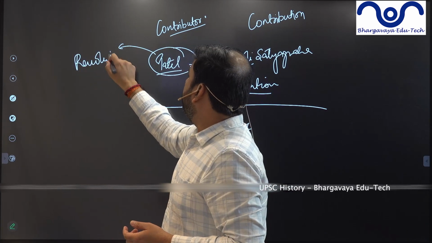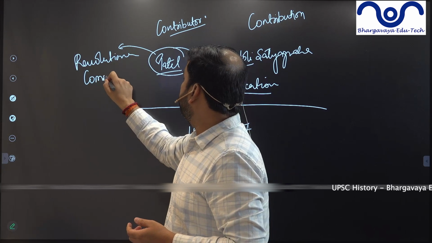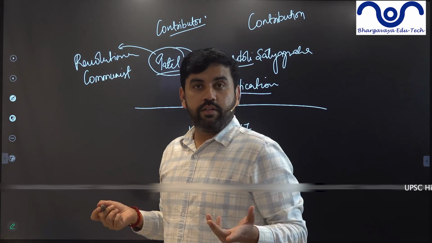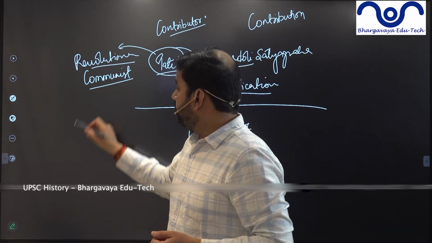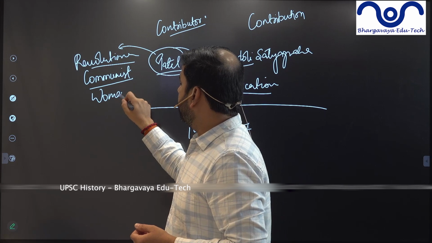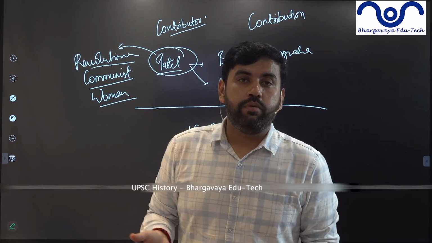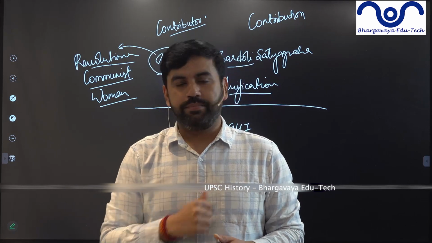Now revolutionaries is a group. Communists are a group. Women, the better half, is another large group who participated and contributed a lot towards India's freedom struggle.